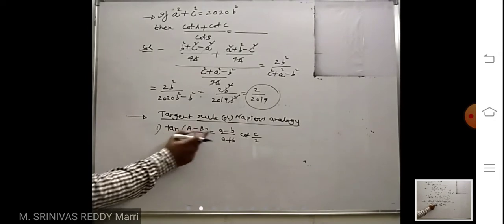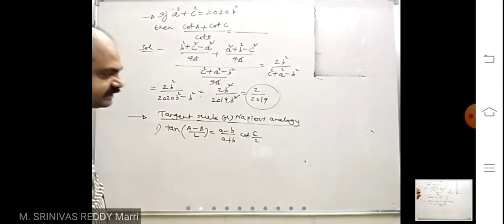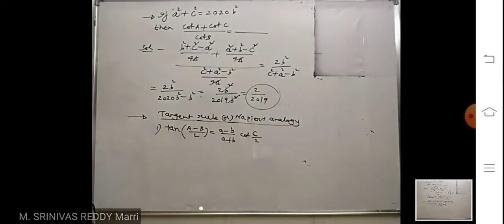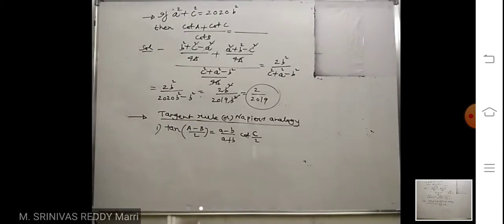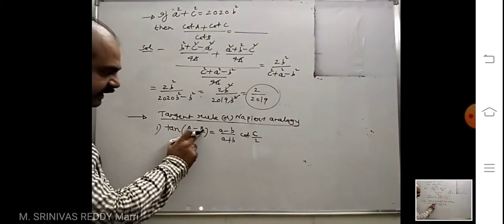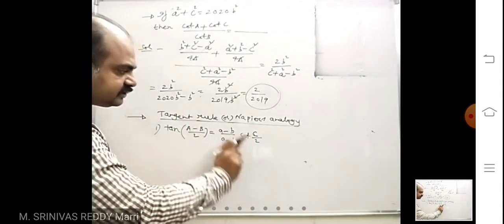The capital letters mean angles, and small letters mean sides. So this is the theorem. That means whenever angle A minus B and small a, small b are involved, you have to use this rule.